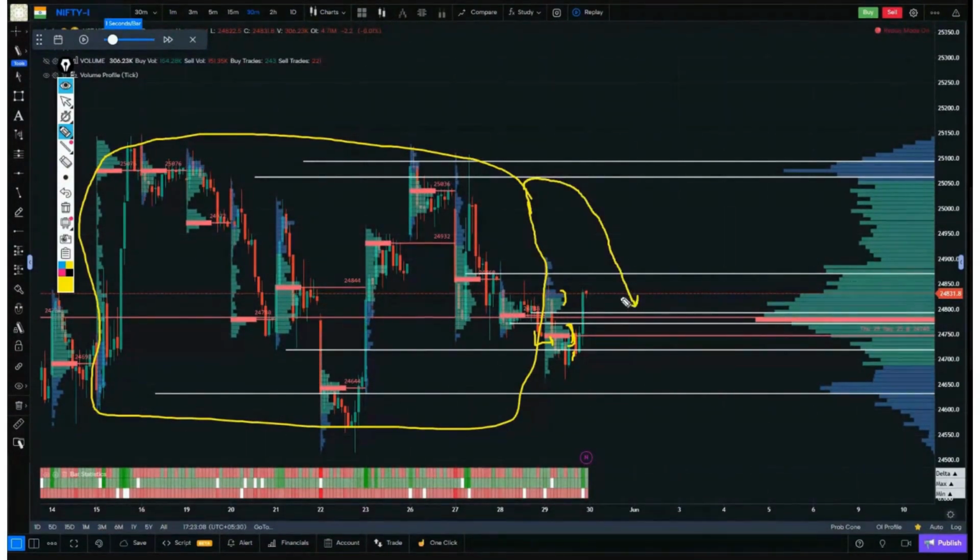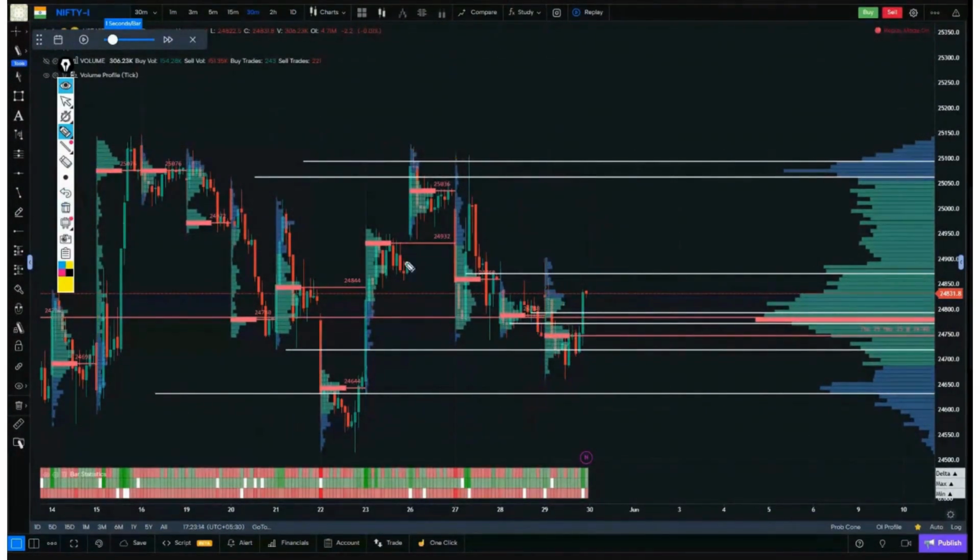Okay, so we had marked this level. And we had also marked the high because this is the very high from where the market was getting rejected for 2 days. In any case, if it went up, there was this volume node at the high. If it came down again, there was this volume node.